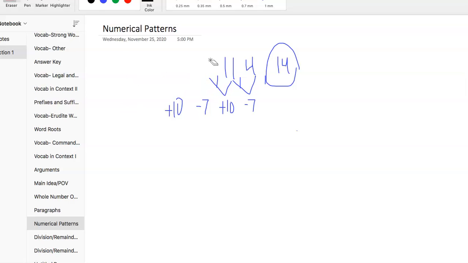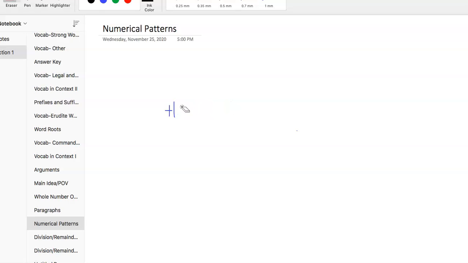Okay. So also in this section, on this topic, we have consecutive integers. Okay, so that'll say something like 3 consecutive integers total 99. What are they? Okay, and so this one requires a formula.